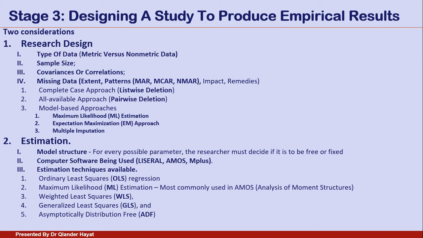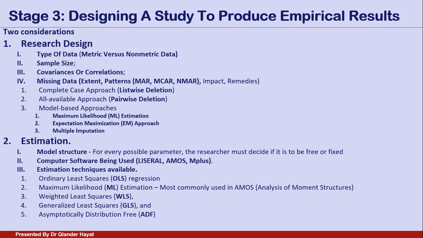In dealing with missing data, I'm skipping this topic in detail because it has been covered in chapter number 2 of this book, examination of data. Here you have to see whether you are going to use the complete case approach, all available approach, or model based approach.